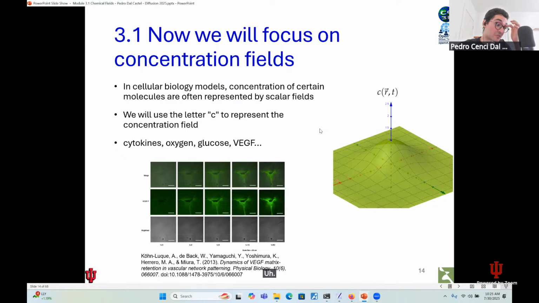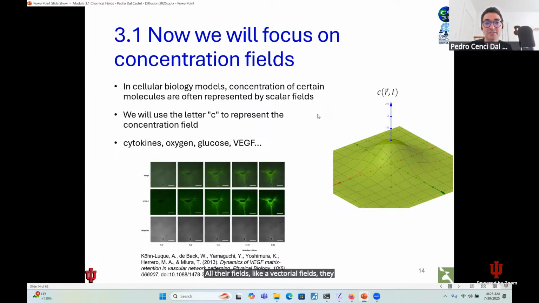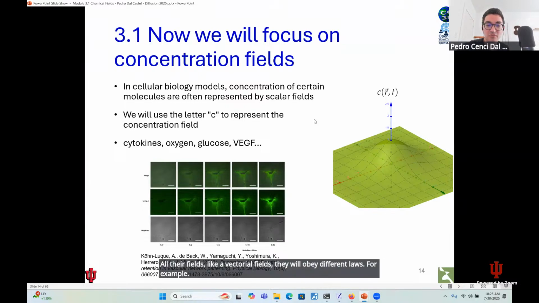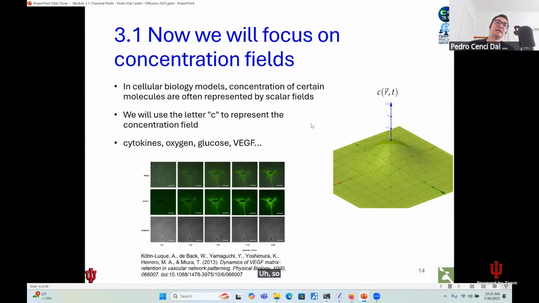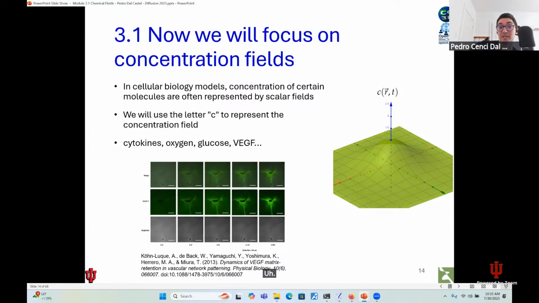But we will focus on concentration fields because diffusion happens to concentration fields. Other fields like vectorial fields, they will obey different laws. For example, the Navier-Stokes equation or similar. So examples of concentration fields in biology, you can have cytokines, nutrients, hormones. Those are the main ones.